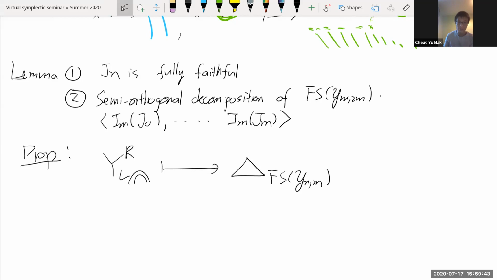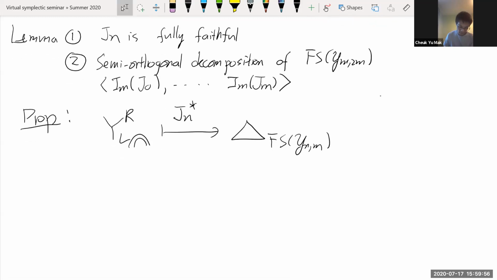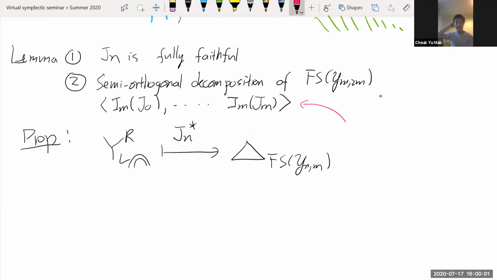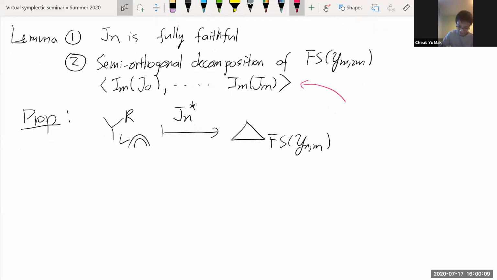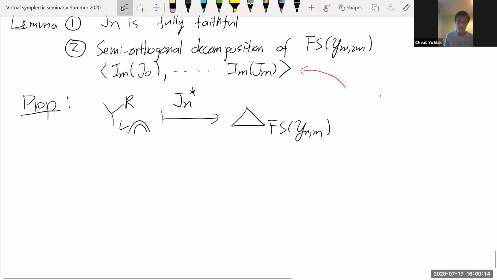So that's why there is a discrepancy between the left and the right. And this semi-orthogonal decomposition is Koszul-dual in the appropriate sense, which is very similar to the usual situation of the Fukaya category for a Lefschetz fibration.